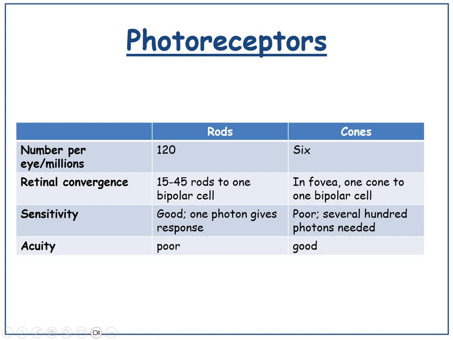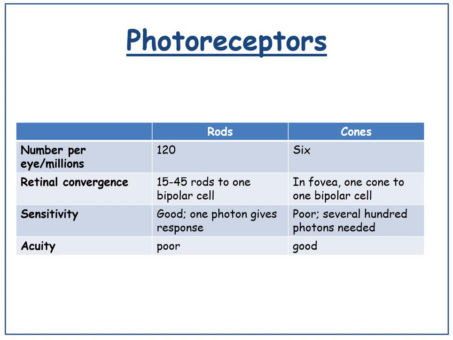In terms of numbers, there are 120 million rods per eye, whereas there's only 6 million cones per eye, so there's a lot fewer cones.